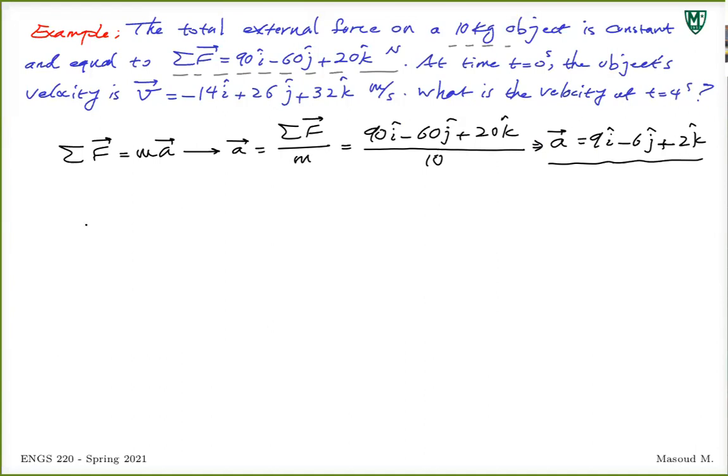For constant acceleration, we actually derived the equation. You can also start from the basics, dv/dt, and say the integral of dv from v naught to the final velocity is equal to the integral of a dt, t from 0 to some t, and a is constant here. This is your a naught.